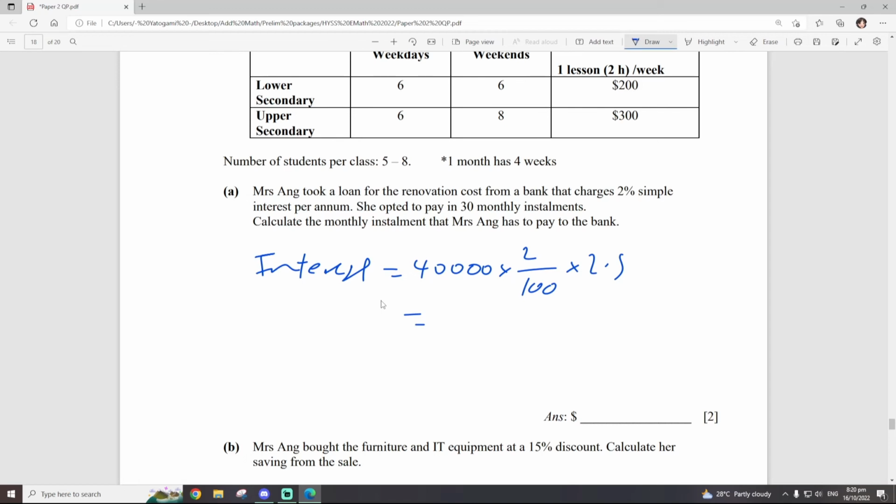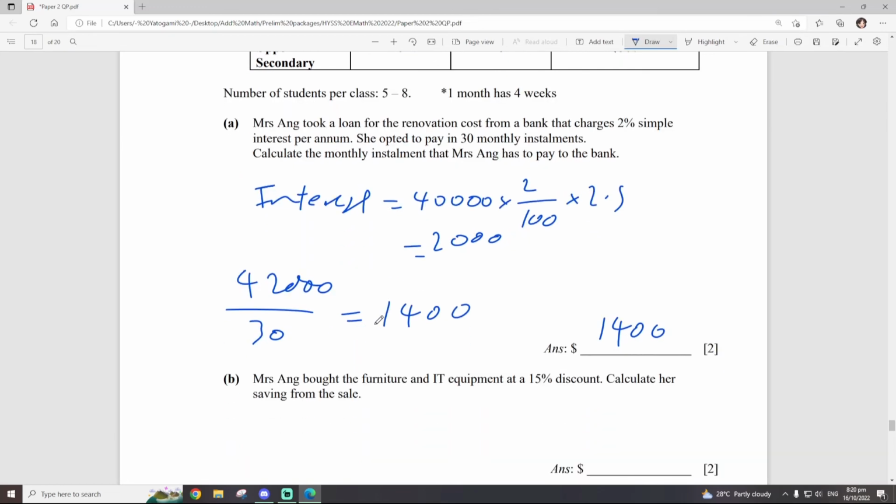So you will get 2,000 interest total. So the total that she will have to pay is 42,000. So 42,000 divided by 30 is 1,400. So that will be the monthly installment. Mrs. Ang bought the furniture, IT equipment, 15% discount.